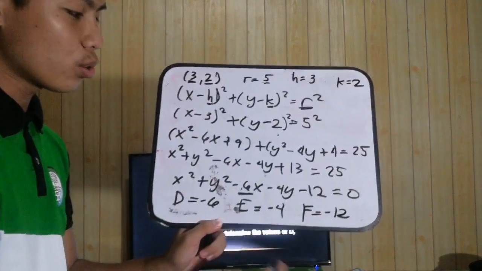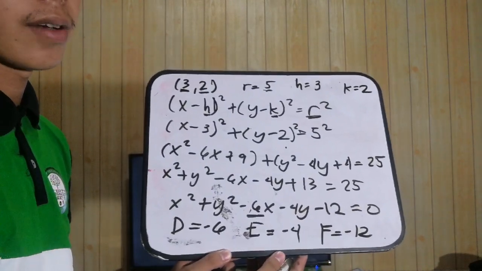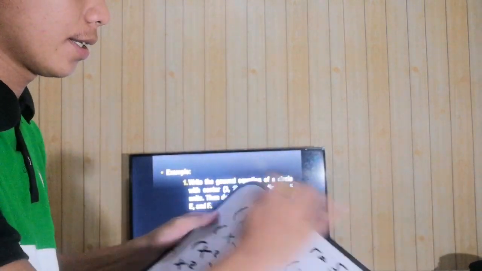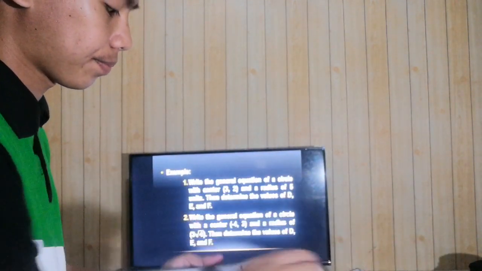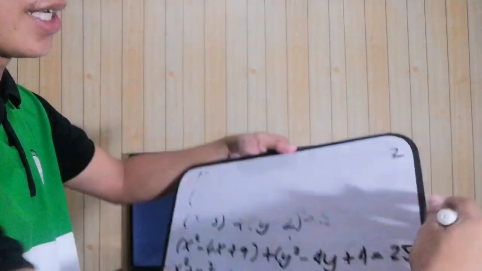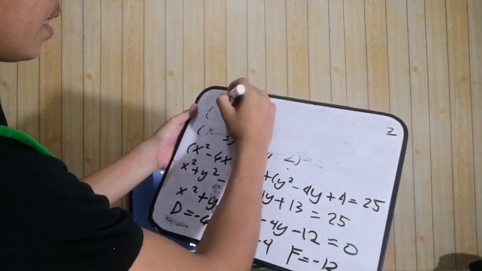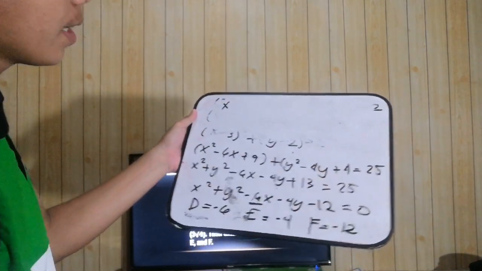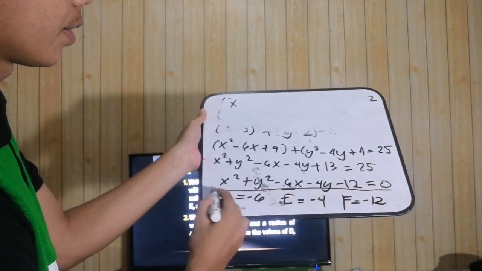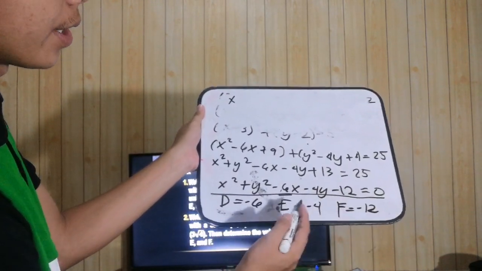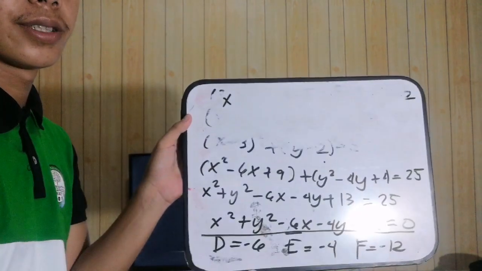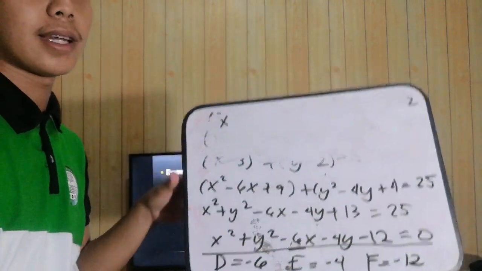Now, how to rewrite this answer in its general form? So, ito yung magiging general form niya. Sorry. Ito yung general form. And then, kinuha na lang natin yung values ng D, E, F. Okay? Understood?